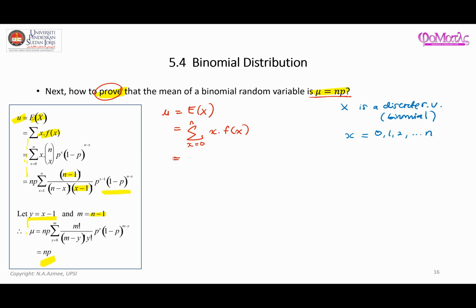Now, what we're going to do next is write down what f(x) is. So here we have x times our f(x). Well, what's f(x)? f(x) is the probability distribution, and if it is a binomial random variable, the probability distribution is given by this formula.